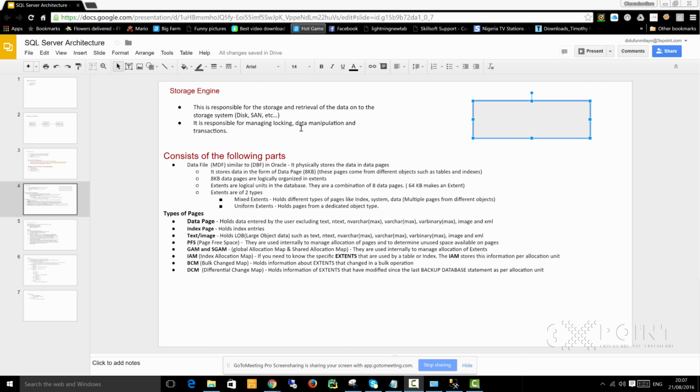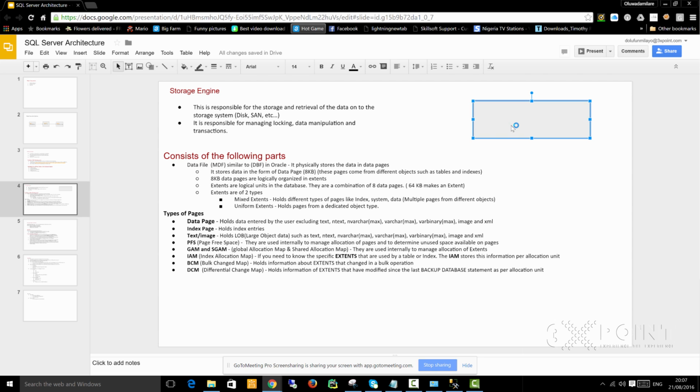You come across that word IO. IO means input and output, and this is one of the things that makes the DBA's work very, very interesting, because it is left for the DBA to manage this. It's left for the DBA to understand how to plan the installation and the environment, such that the millions or hundreds of millions of pages being created in the storage engine are managed properly.